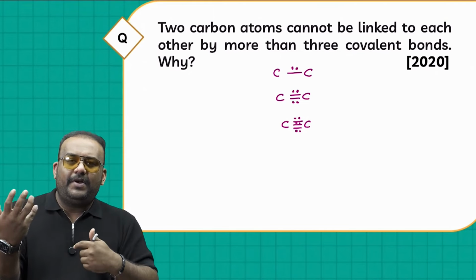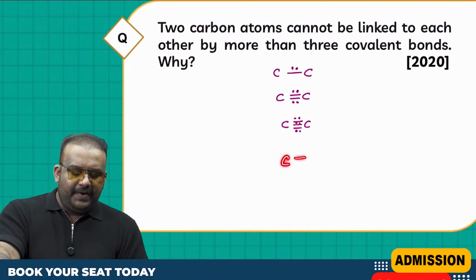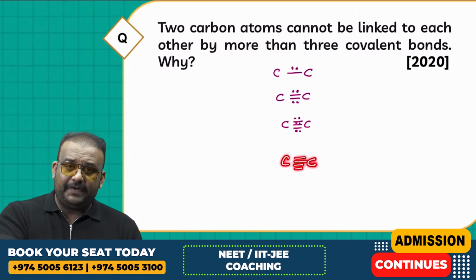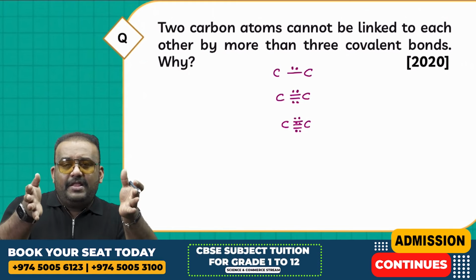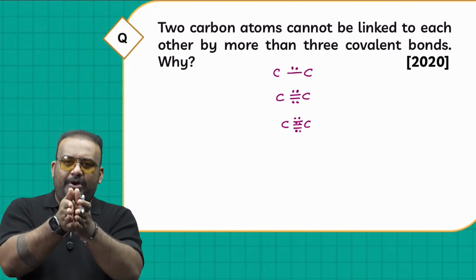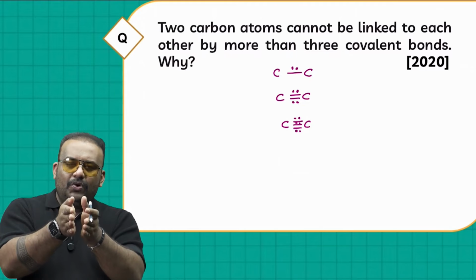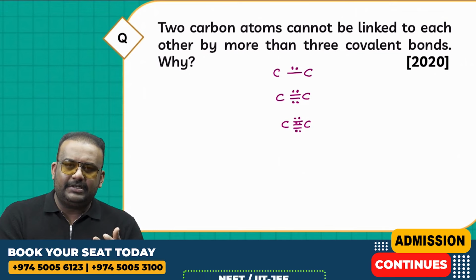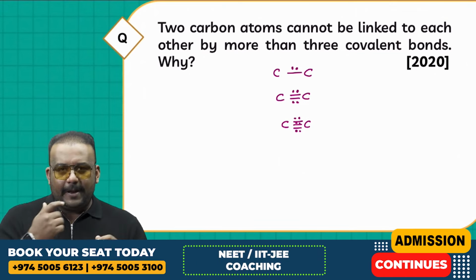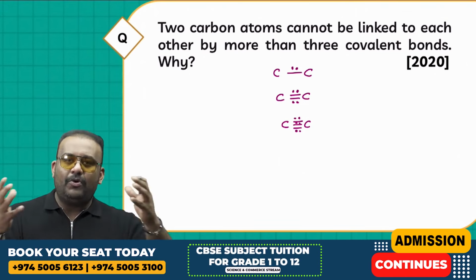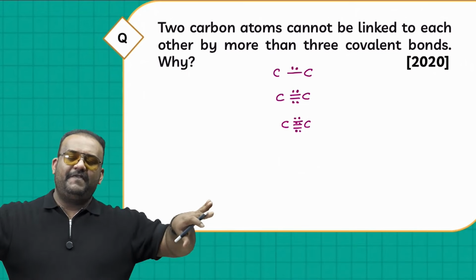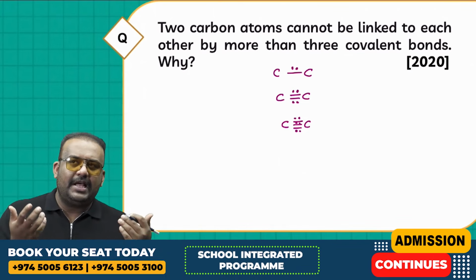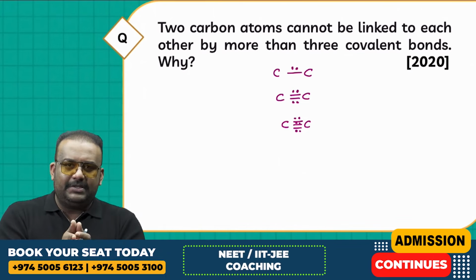Now, if you try to make a bond by sharing four pairs of electrons, what will happen is when the atoms cross a particular point, when they are closer and closer, instead of attractive interactions, repulsive interactions will operate. So repulsions will become more predominant and that will weaken the bond. That is the reason why the highest degree of bond that can form between any two atoms is a triple bond.